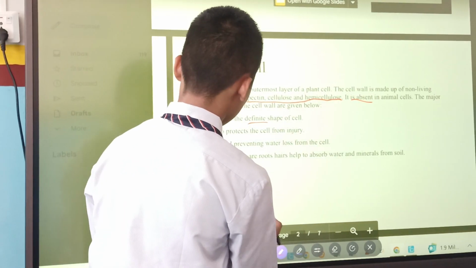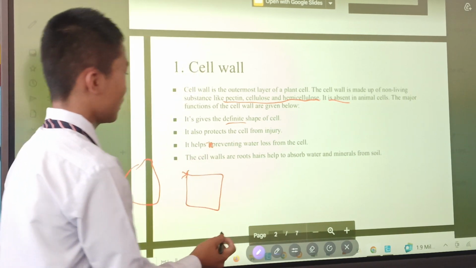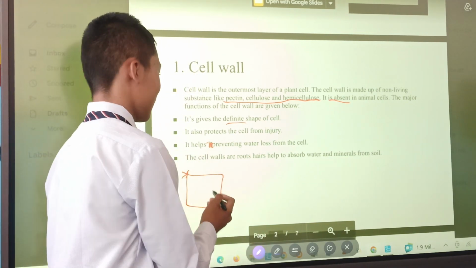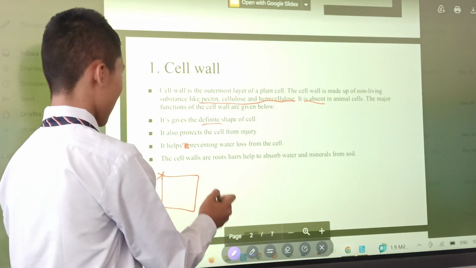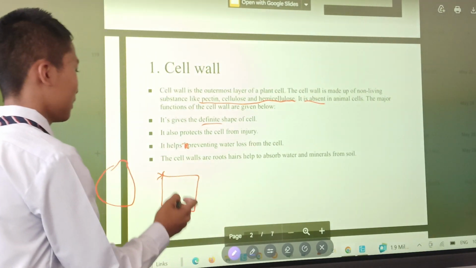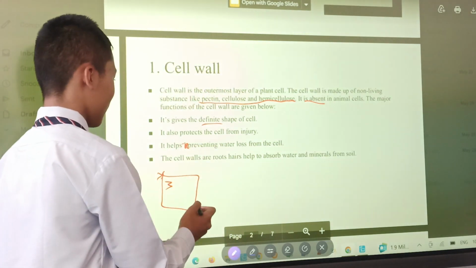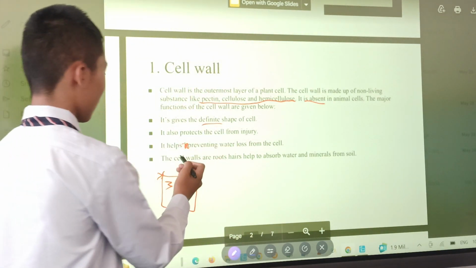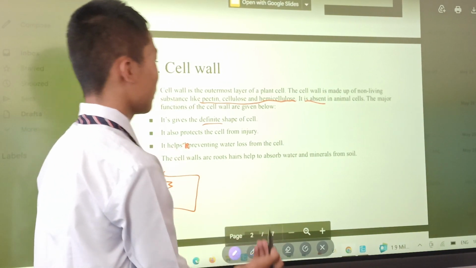It helps in preventing water loss from the cell. The cell wall covers the plant cell, so it locks the water in the cell. That's why it says that it helps in preventing water loss from the cell.